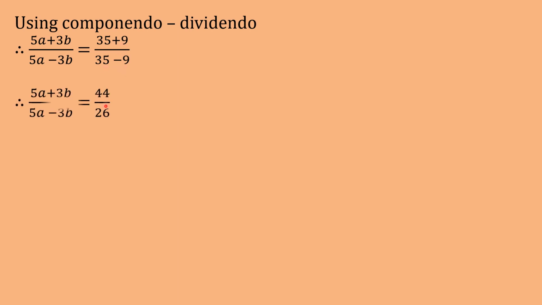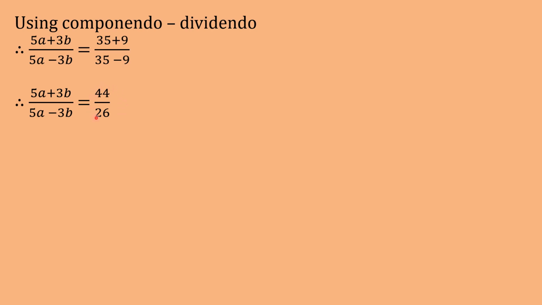So next step, you write down as it is 5A plus 3B upon 5A minus 3B equal to, now you add 35 plus 9, you get 44, and 35 minus 9, you get 26.